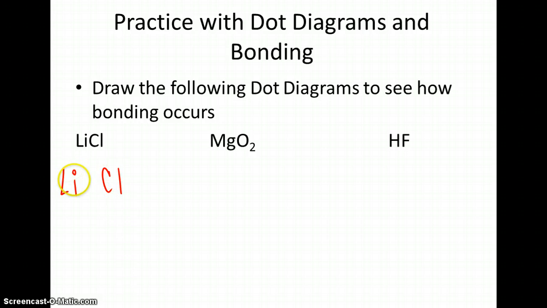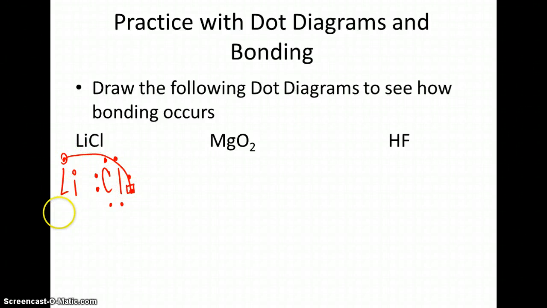So I'll draw Li, which happens to be in group 1, Cl, which is in group number 7. So originally, when we did this, we said Cl has 1 empty spot. It's going to take this electron from lithium and it's going to put it right there. When you create this line right here, that's making a bond.